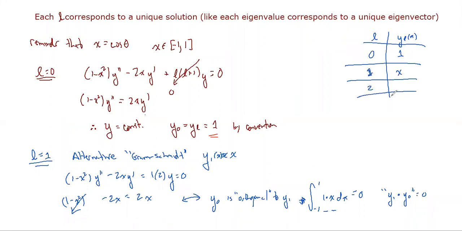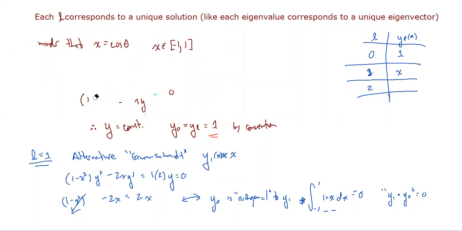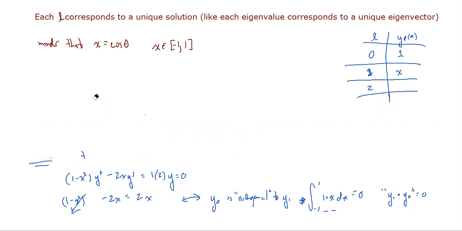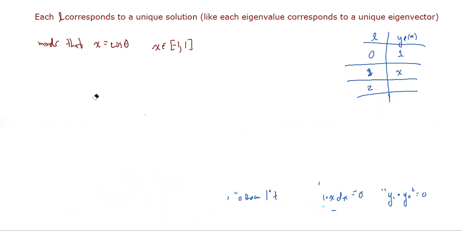And then 2, so 2 needs to at least include a second order polynomial. And because it's a little bit more interesting, there are more terms, I'll show you how the Gram-Schmidt idea would work.